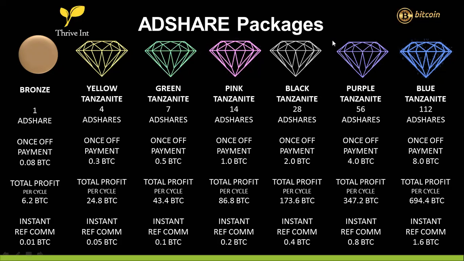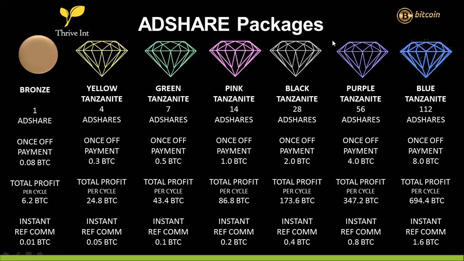So let's just look at the pink Tanzanite, for instance. That would give you about 0.2 Bitcoin commission, or instant referral commission, as soon as that person pays for his package, and that's available for you to withdraw immediately. And that means over $500 in your pocket immediately.